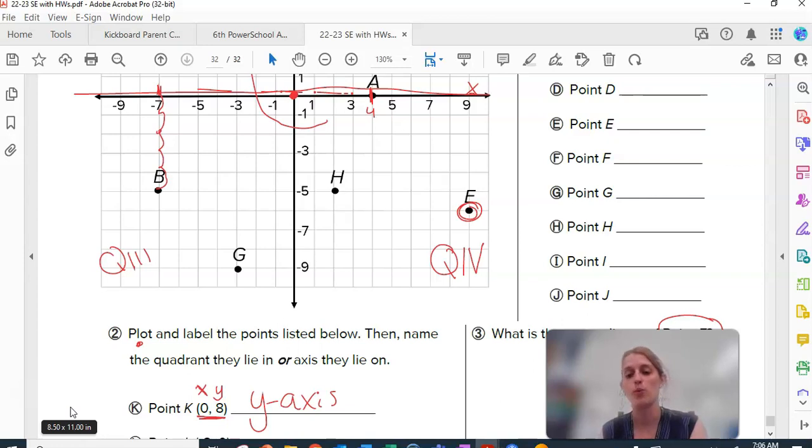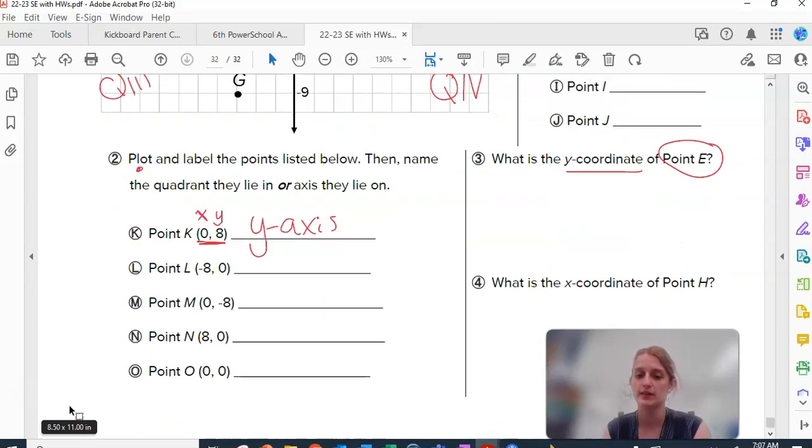I only want the y value. So this full ordered pair is x is 9 and y is, it looks like -6. I only want you to write me the number that matches with y. Don't write me the x, don't write me the parentheses, don't write me the comma, just the number that matches on the y-axis, just the y-coordinate.